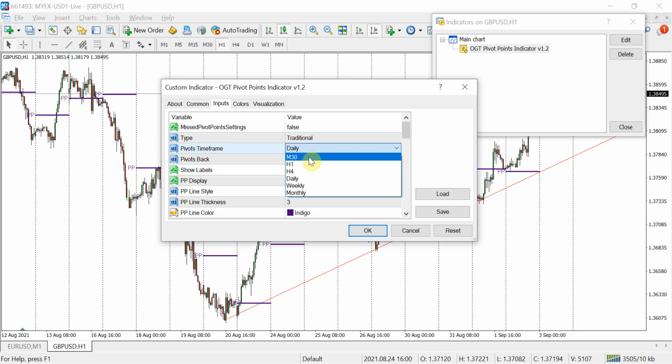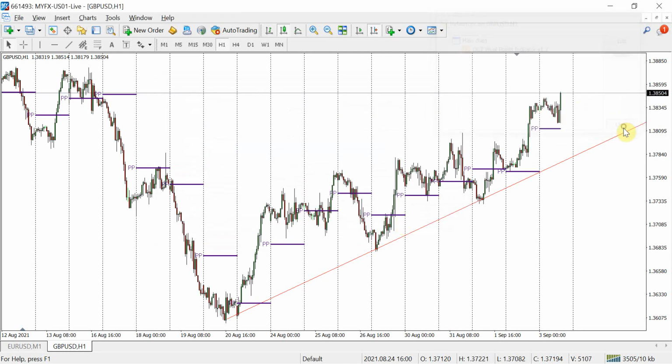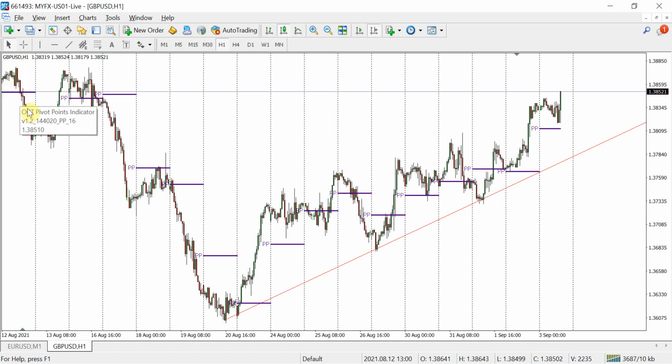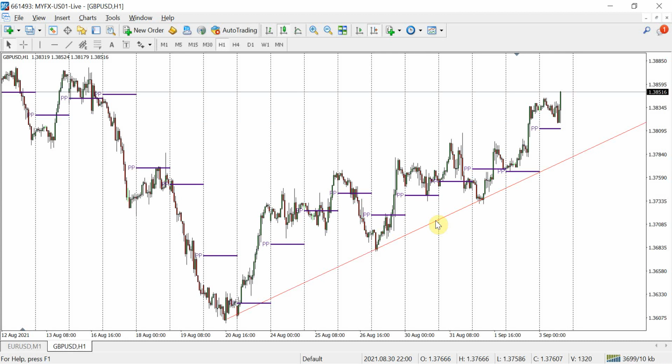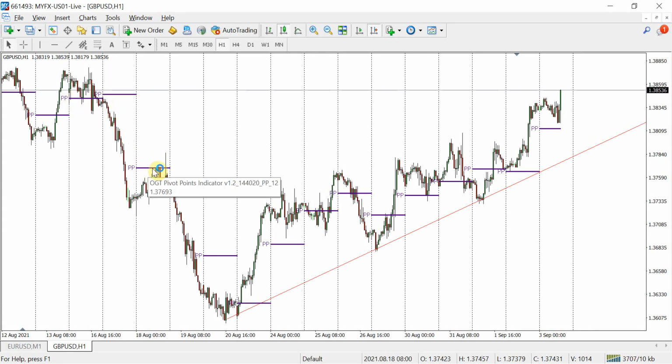And the reason why is, if we come out of this for a second, you can see in this chart over here, you've got the daily pivot hit, the daily pivot hit, the daily pivot hit. We have a missed pivot over here. Pivot hit, missed pivot.